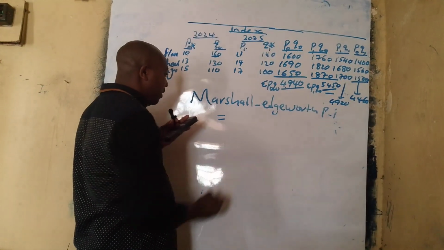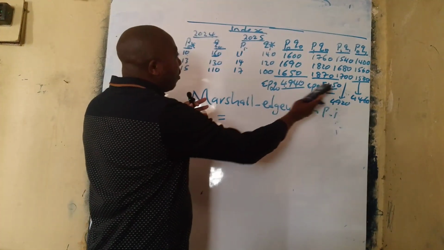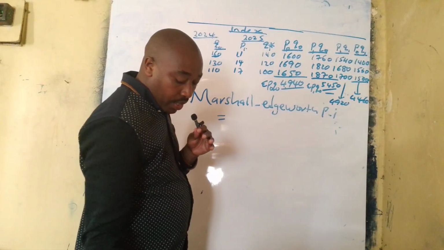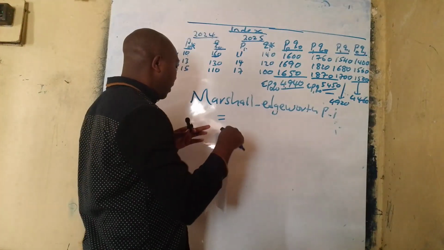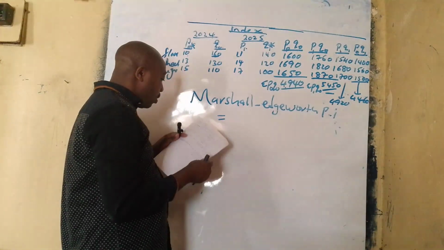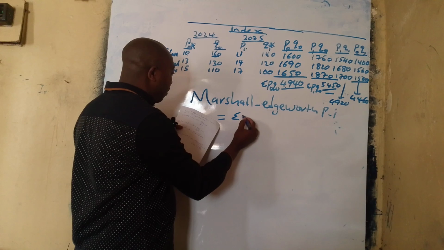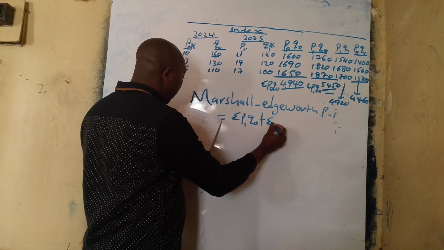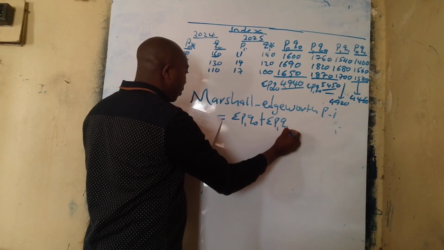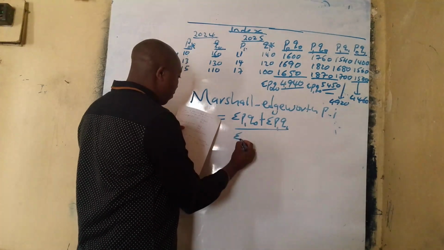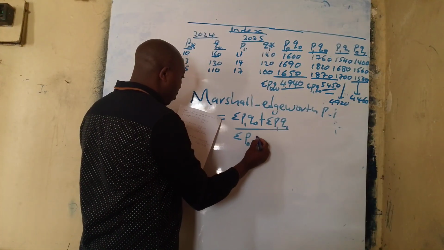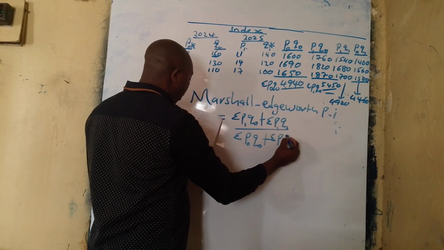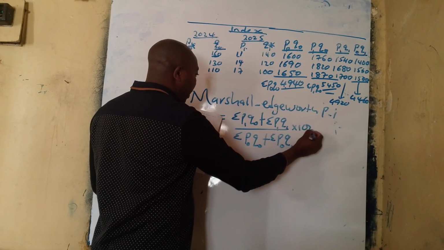And this again is the easiest because once you have these four additional columns, you can solve any question, whether it is Paasche or Marshall. Now, the Marshall formula: summation of P1Q0 plus summation of P1Q1 all over summation of P0Q0 plus summation of P0Q1 times 100.